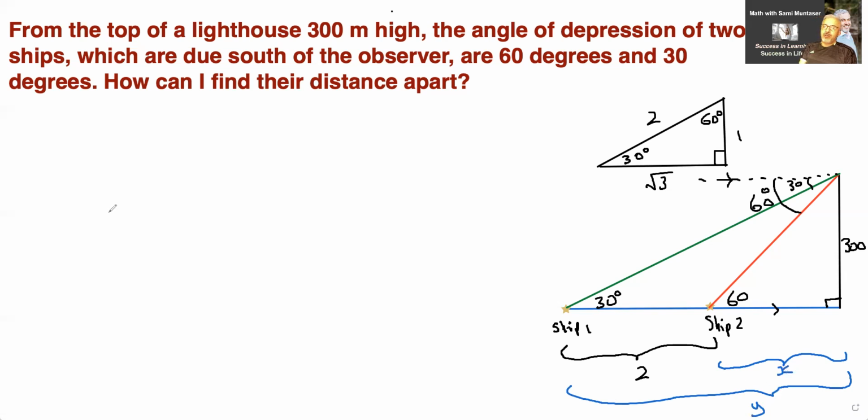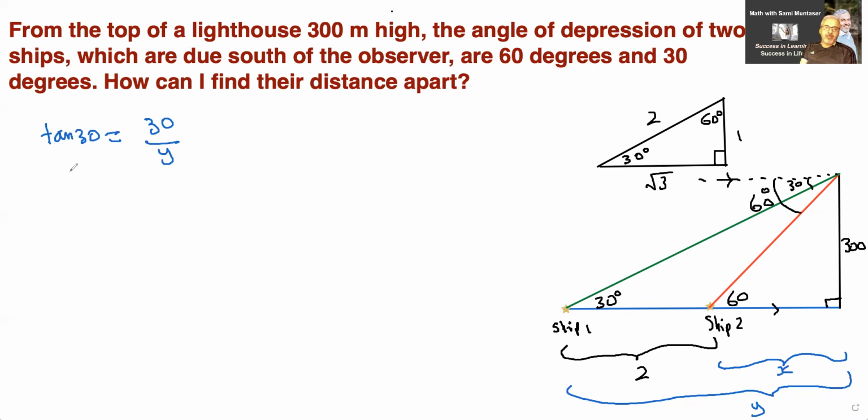So let's find the distance of y, the distance between ship 1 all the way to the lighthouse. Since I have the opposite and I'm trying to find the adjacent, then I go tan 30 equals 300 over y. Always, if your unknown is on the bottom, just exchange these.